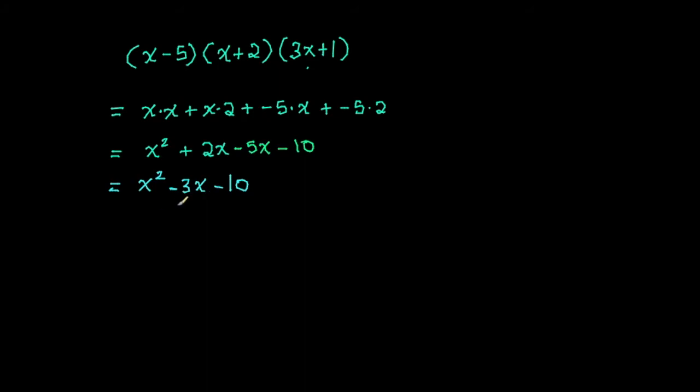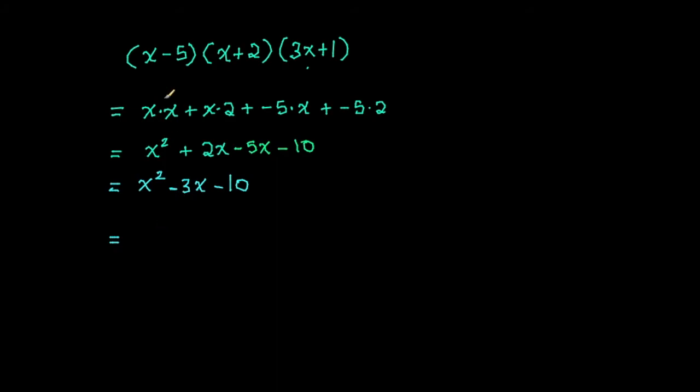So if you multiply the expression x minus 5 by the expression x plus 2, you just get this right here. But now we also have to multiply this by the 3x plus 1. So let's do this.